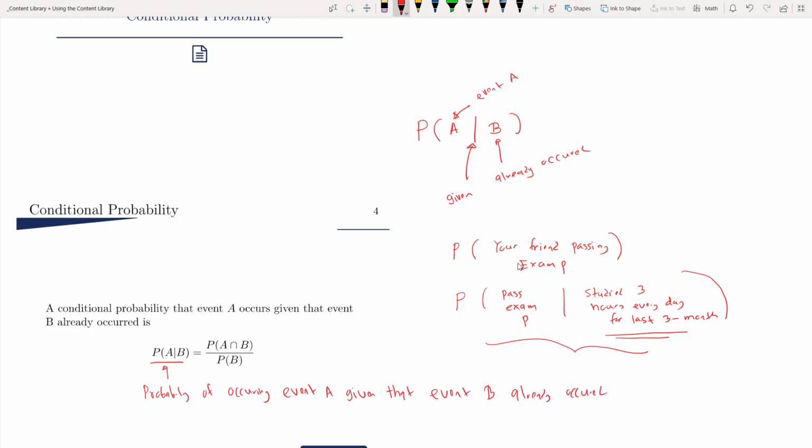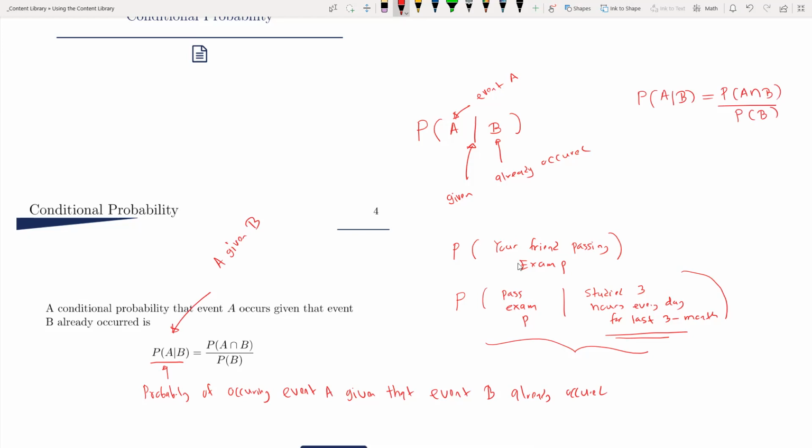In a simple way, we would say A given B. Formula wise, the probability of A given B is going to be probability of A and B divided by probability of B.